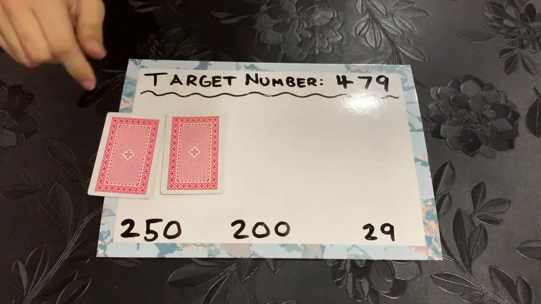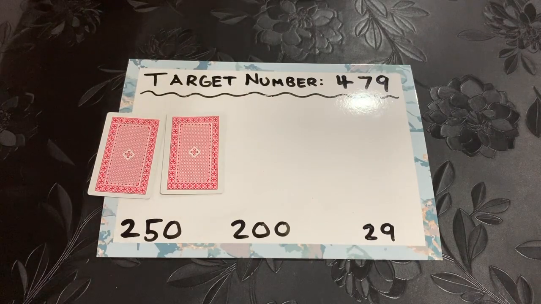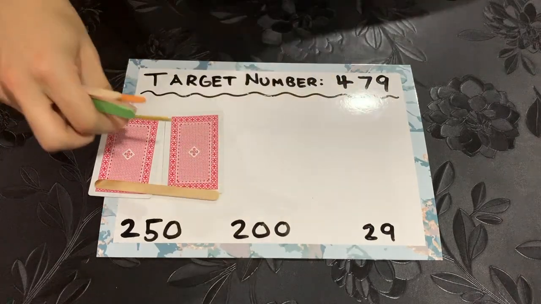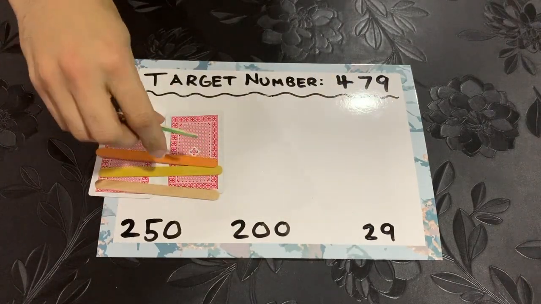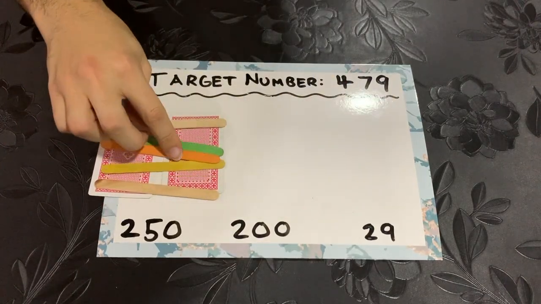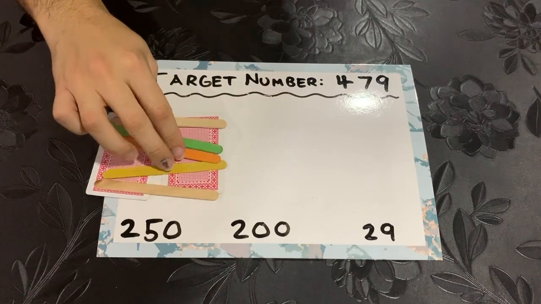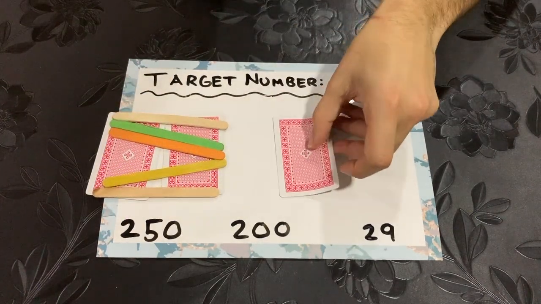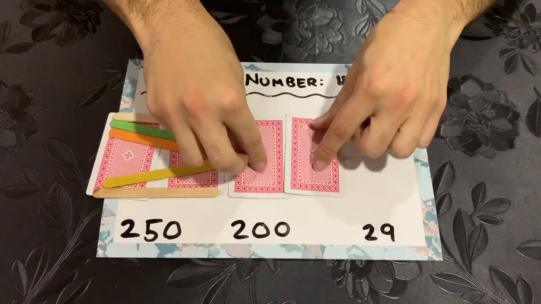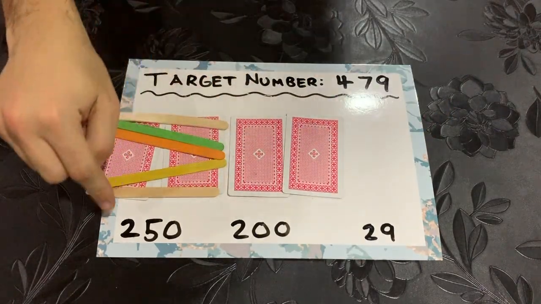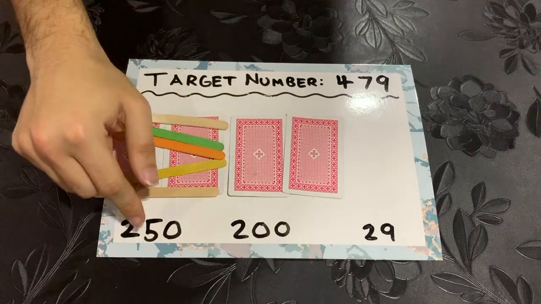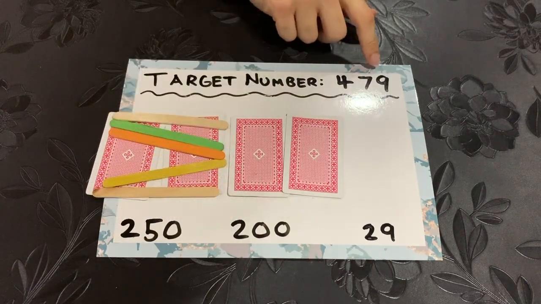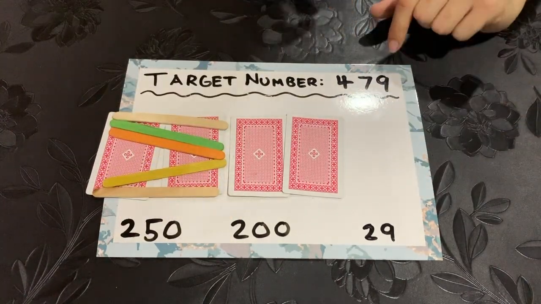Here is another example. So I've got 250. That's my 200. Let me get my 5 tens. That's 10, 20, 30, 40, and 50. So that's 250 I've got over here. My next partitioned part is going to be 200. So now I know that I've got 450, which leaves me with 29 of this number.